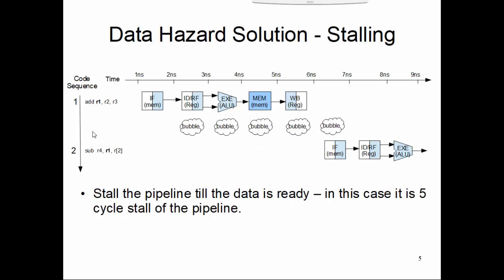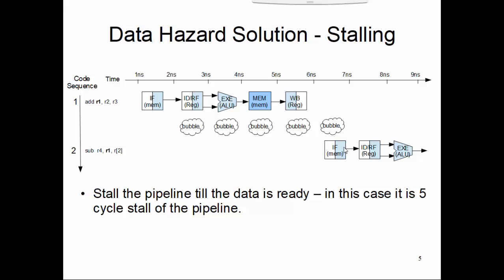Our first intuition is to wait till the result is available in the register file, which is after 6 nanosecond, and then start the second one. Well, that defies the whole purpose of the pipeline. It becomes kind of a sequential execution of these two instructions.